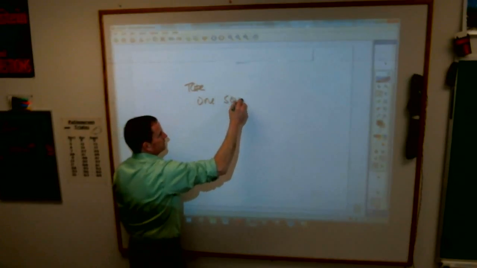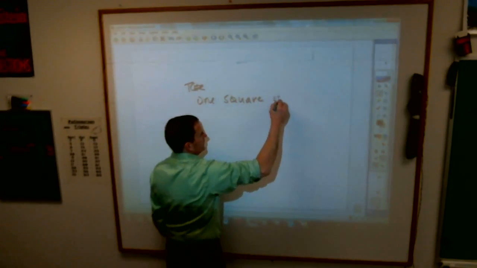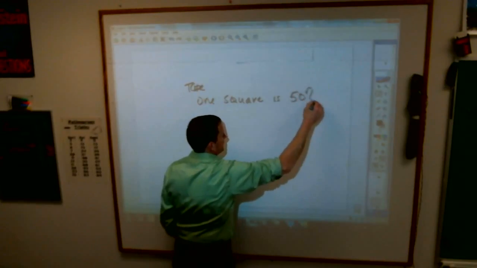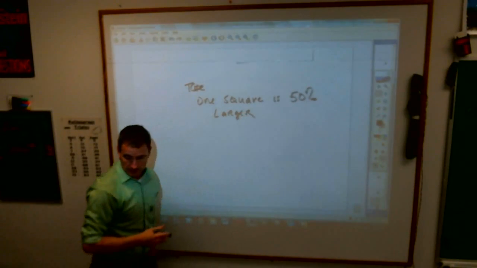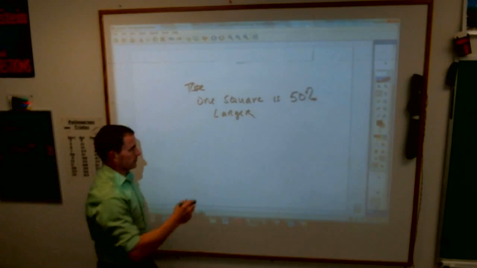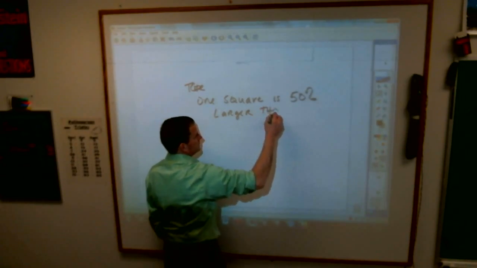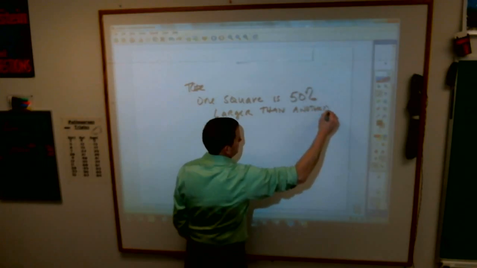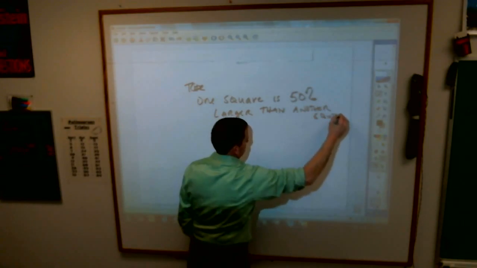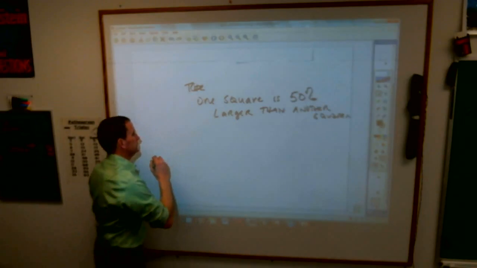One square is 50% larger than another square. Answer these questions.